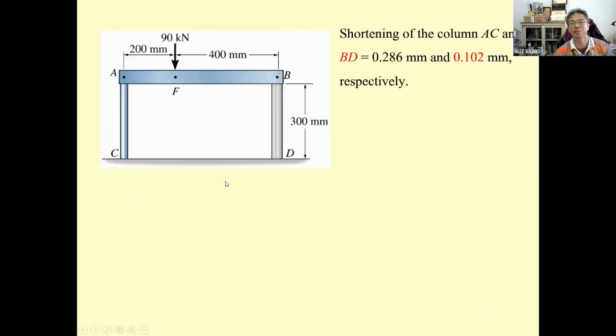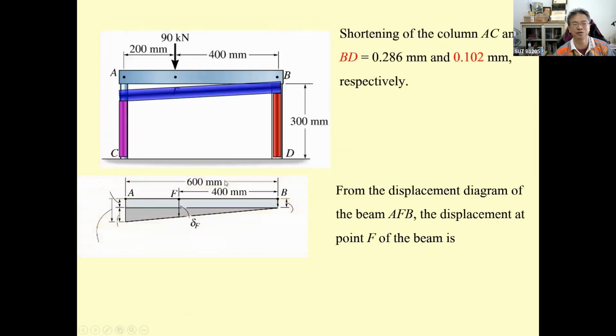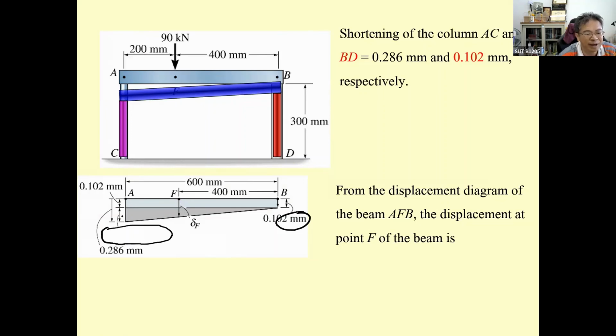And then you may just use this similar triangle. This one is going to be 0.102. And this one going to be 0.286. And this one going to be the subtraction, okay, between 0.286 and 0.102. That is going to be this length.